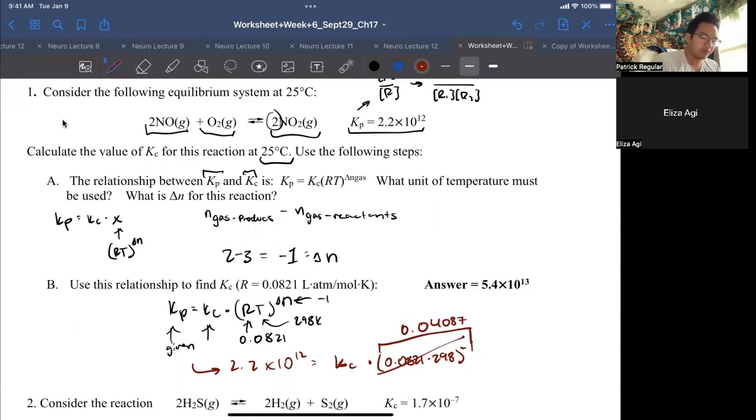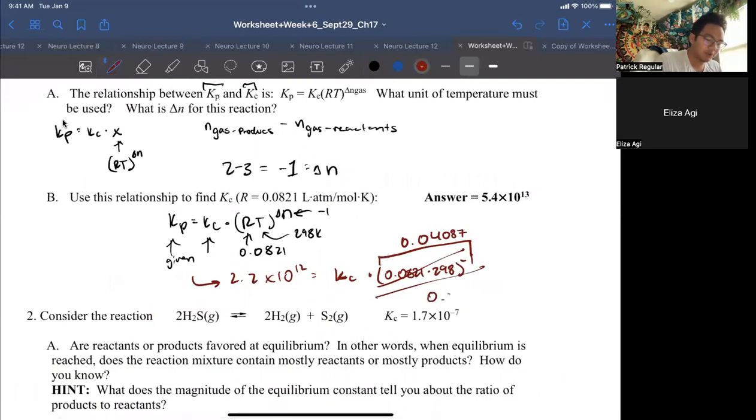So you just divide that over. Divided by 0.04087 cancels out. Do the same thing on the product side, divided by 0.04087. Your Kc ends up being 5.4 times 10 to the 13th.